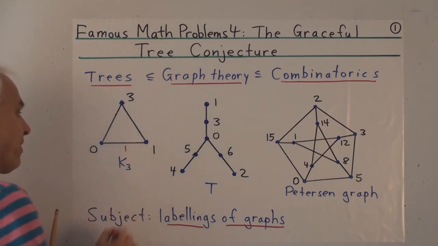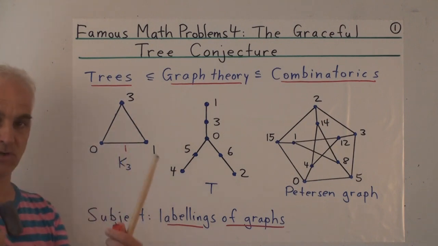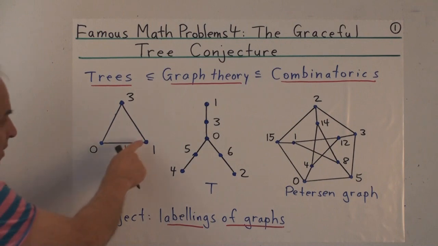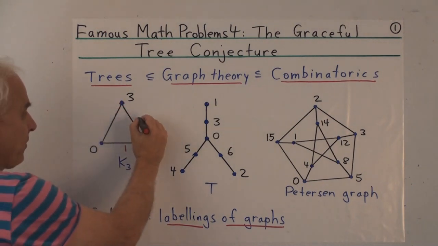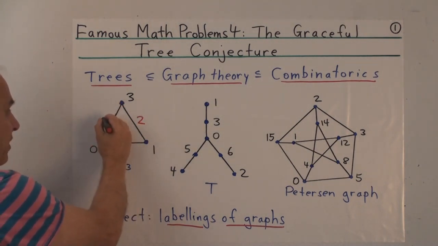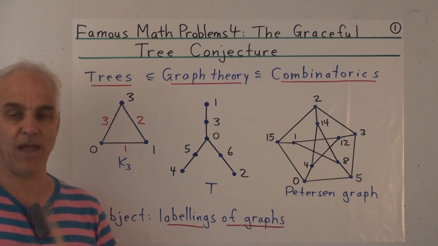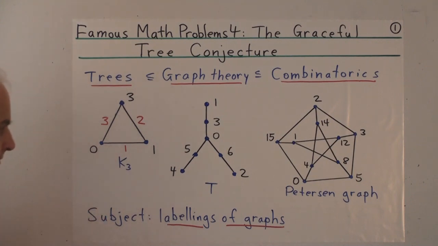So I'm going to put a 1 there representing the difference between the values at the two endpoints of that edge. On this edge the difference is 2, and here the difference is 3. So we note that the edges get the numbers 1, 2, and 3 in some order.